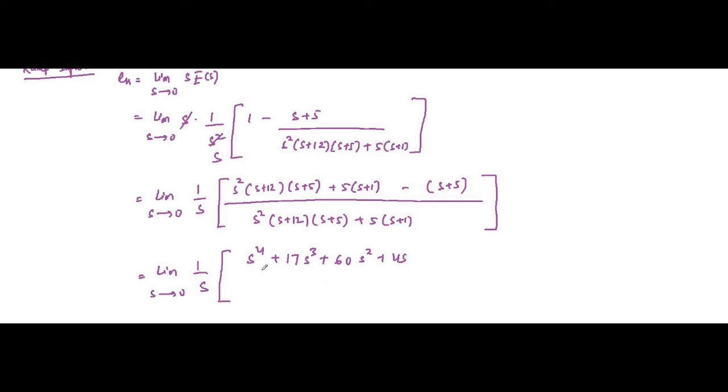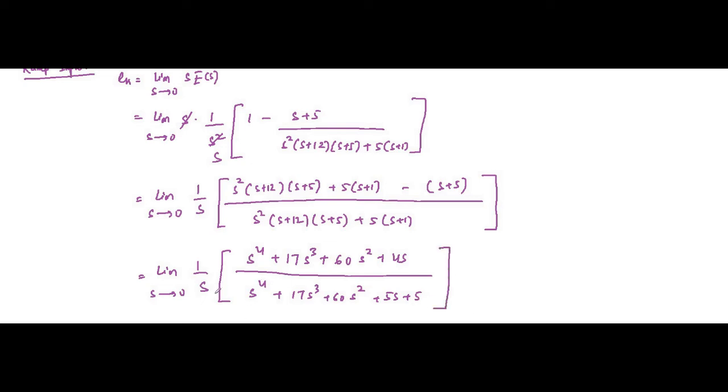Okay, I have already solved it, so in order to save time I just did it quickly, because they are just simple calculations, so you can do it step by step. And in the denominator it will be s4 plus 17s cube plus 60s square plus 5s plus 5. Okay, this much.